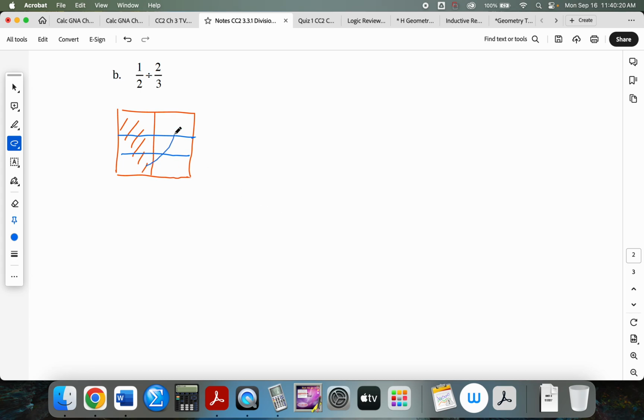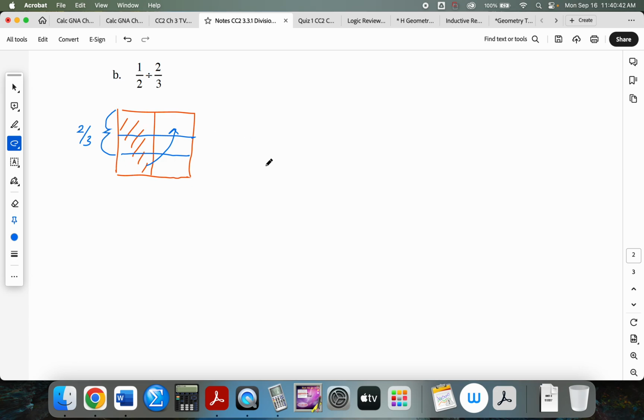So I'm going to move this one up here. Now, 2/3 is this whole first two rows, isn't it? Each one row is 1/3, so this would be 2/3.